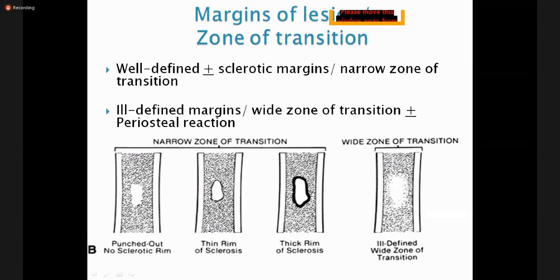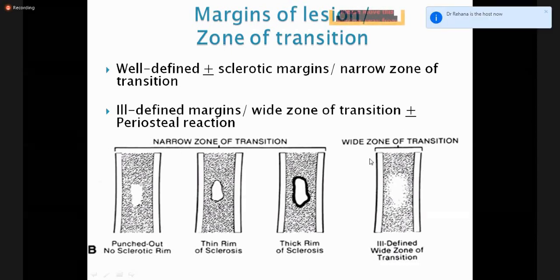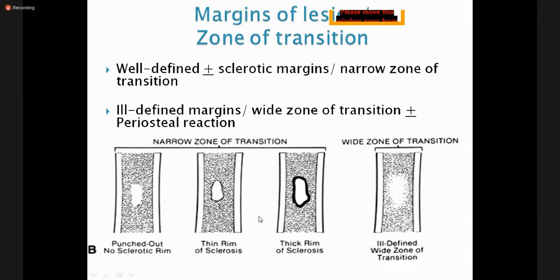But when there is an ill-defined lesion, we cannot separate where the disease is and where the normal bone is, because sometimes we feel disease process here, but sometimes we see there is normal bone here, so there is a wide zone of transition and we cannot differentiate the normal and abnormal bone. So these lesions are basically aggressive. Whenever there is a narrow zone of transition, these are basically benign lesions.